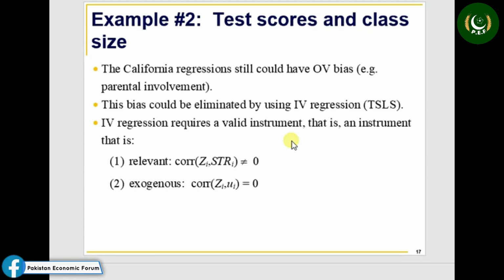So you may consider earthquake as an instrument for class size, and this is uncorrelated with u but correlated with class size, and earthquake epicenter has nothing to do with other characteristics such as parents' incomes and all that. So therefore this may be considered a valid instrument.